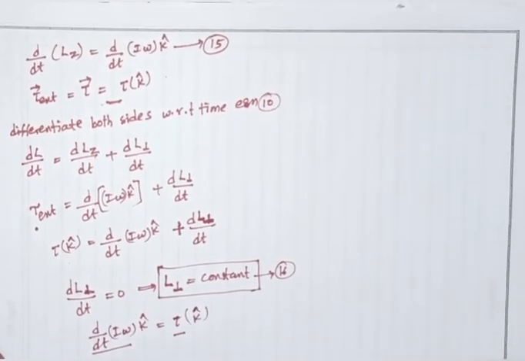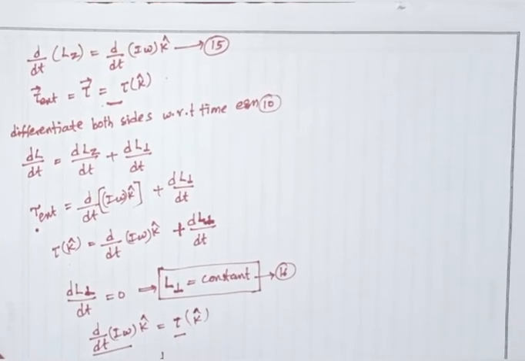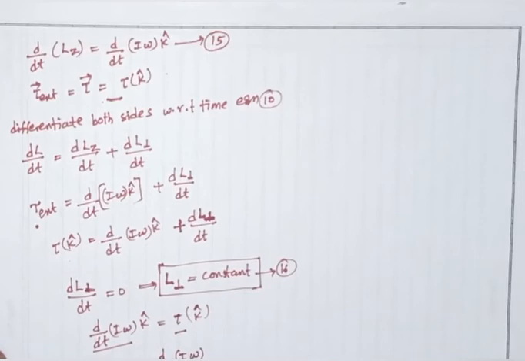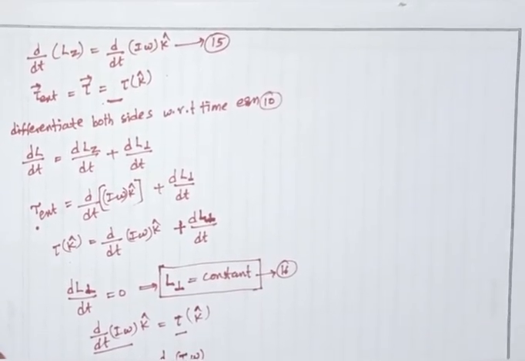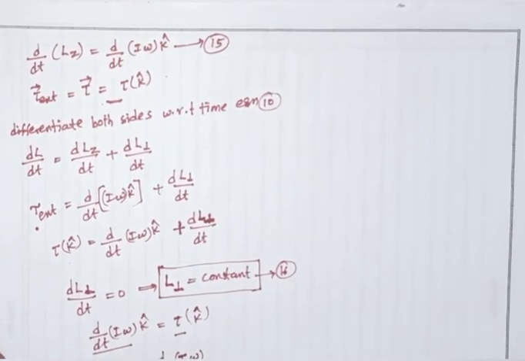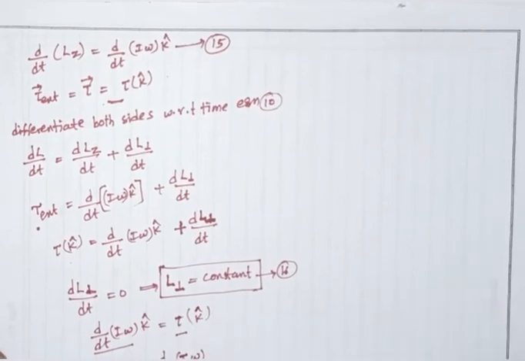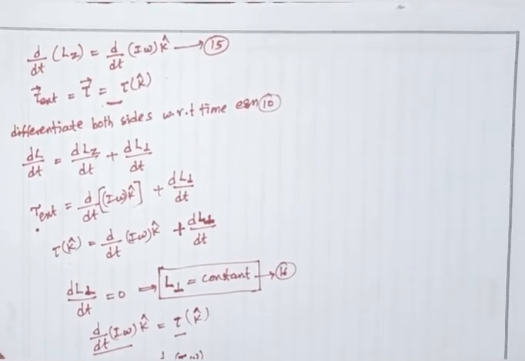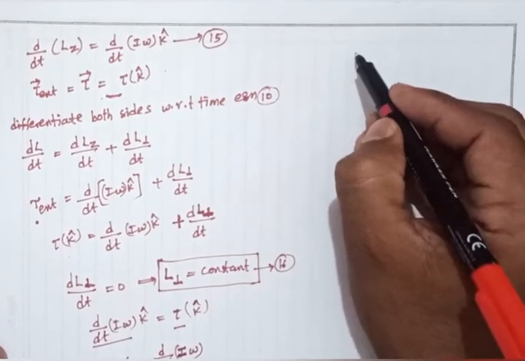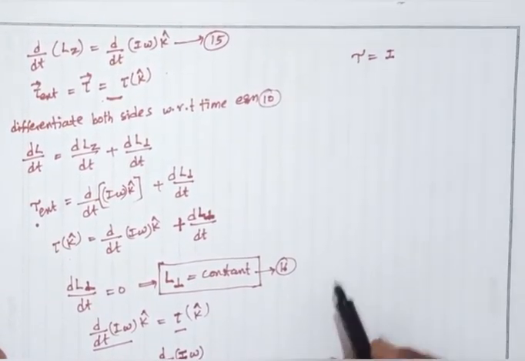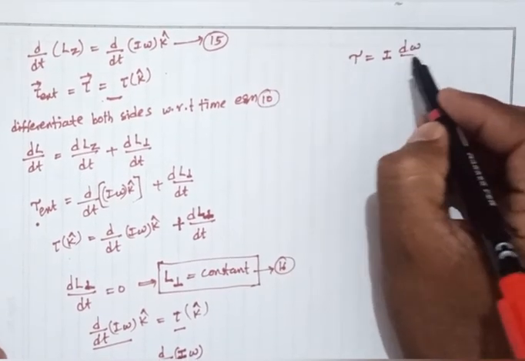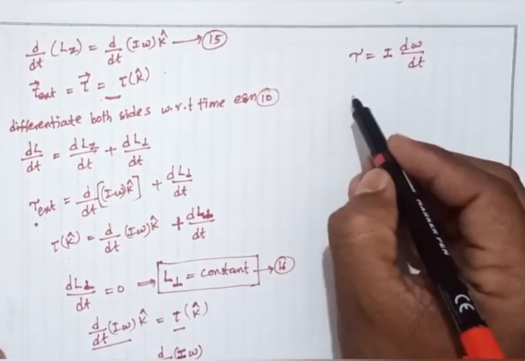Then tau equals d by dt of I omega. Here the moment of inertia does not change when the torque, the moment of force, is applied. So tau equals I, constant moment of inertia, times d omega by dt.